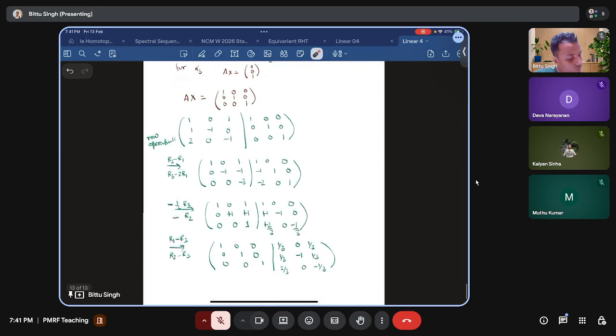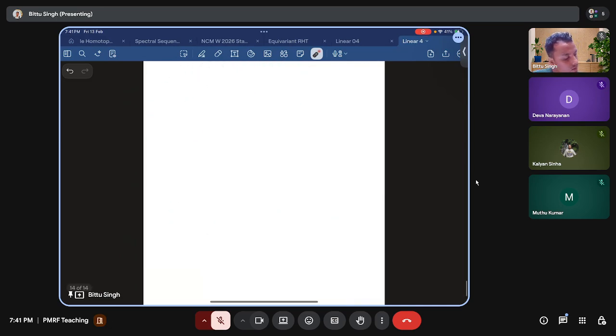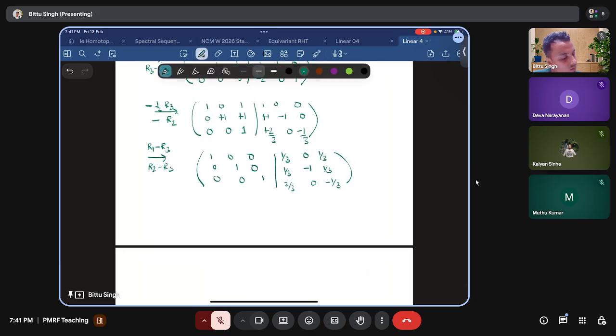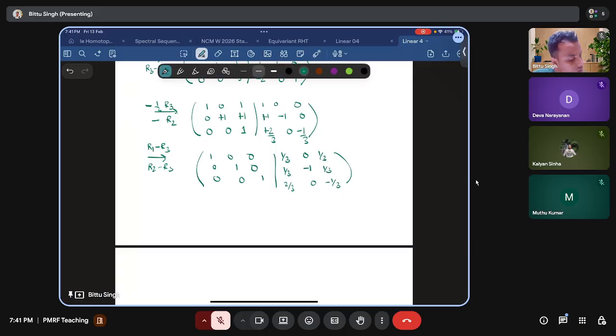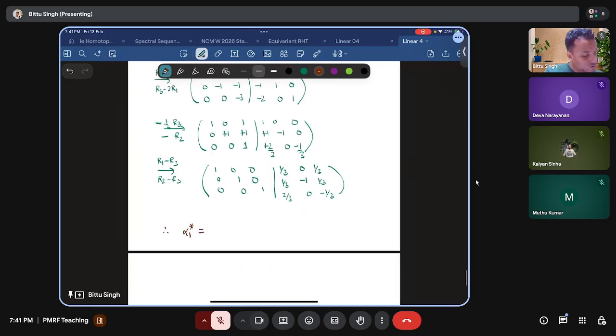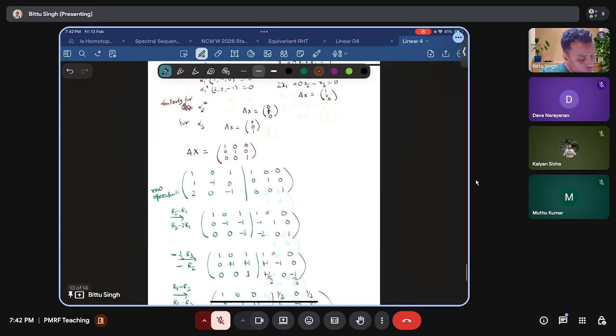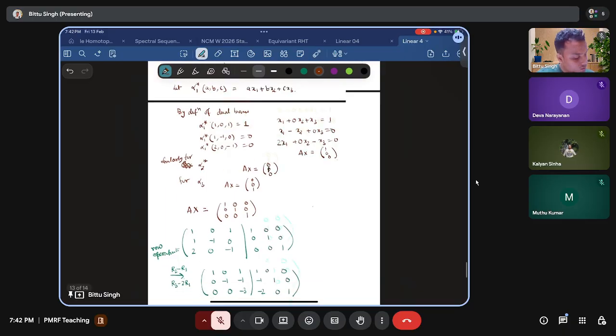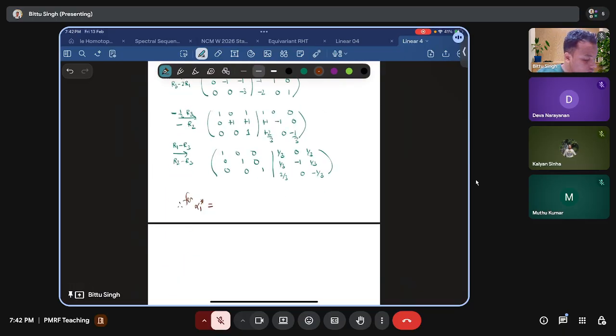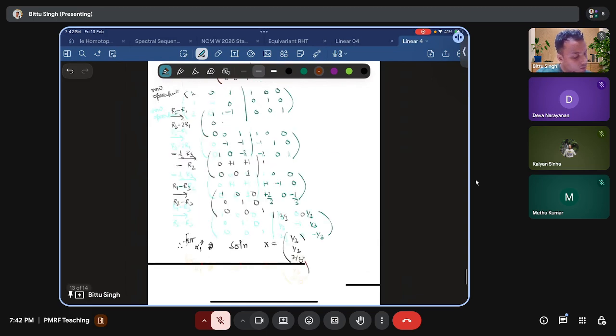Okay, so therefore, for alpha 1 star, the solution x is this: 1/3, 1/3, 2/3, right?